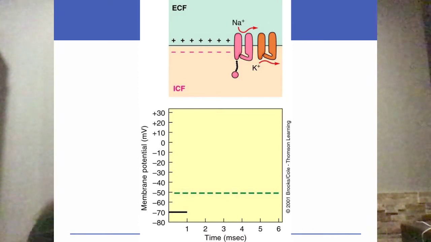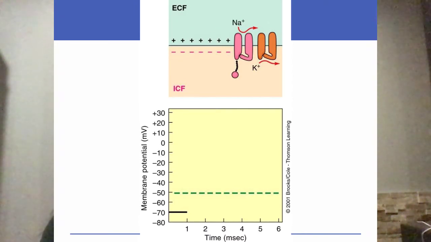That's normally positive, partly because there are a lot more sodium ions outside of the cell than there are inside. The peachy color indicates the inside of the cell, which is the intracellular fluid, the ICF. And that is more negative.